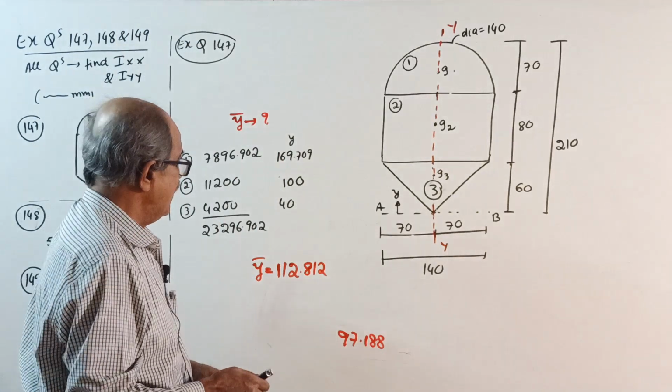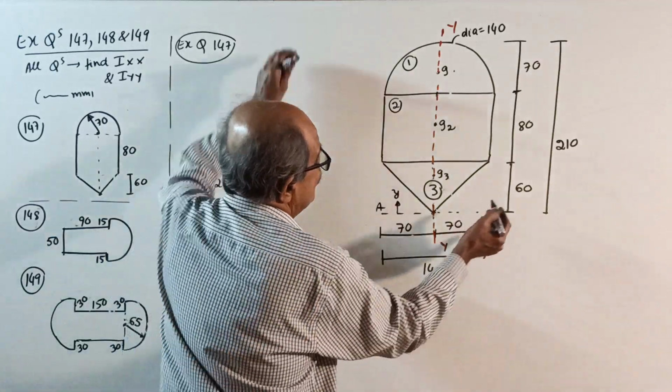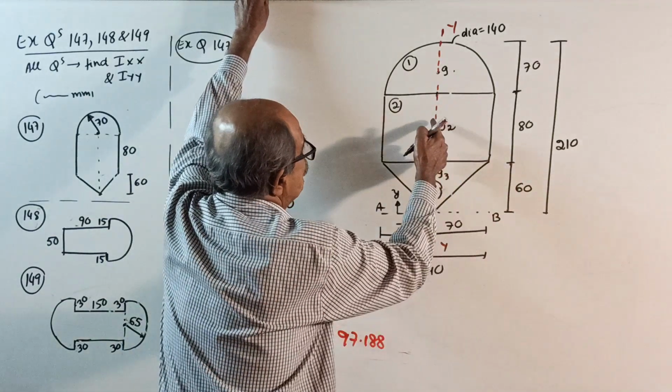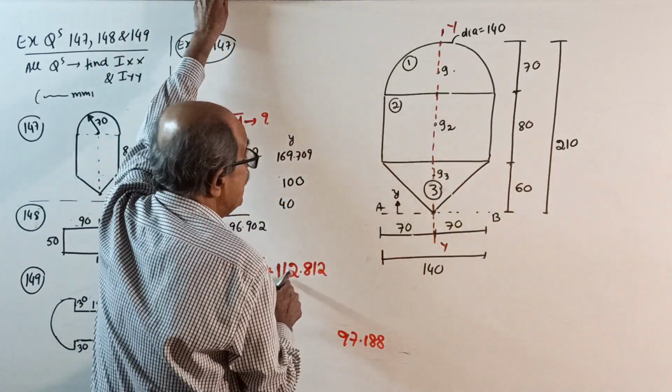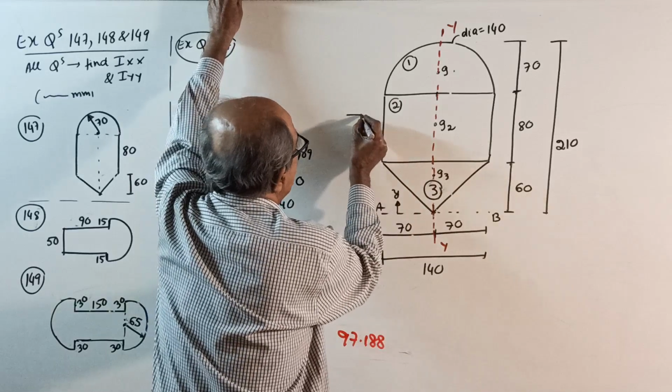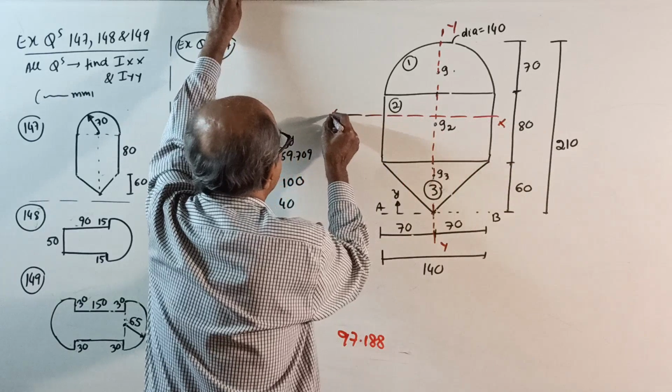Exercise question answer: 112.812. 112.812 means 60 up to the centroid is 60 plus 40, which is 100, but 112 is slightly above. This is XX.